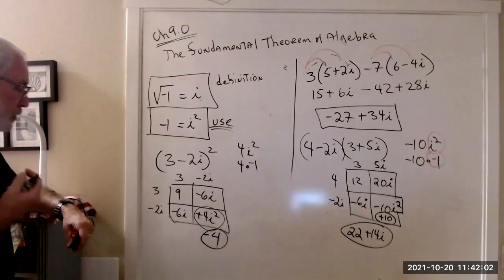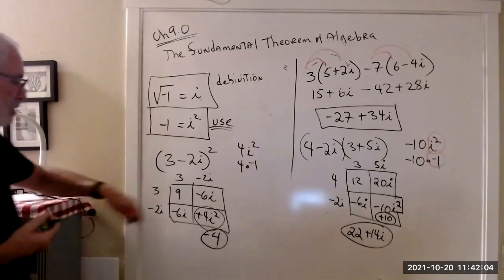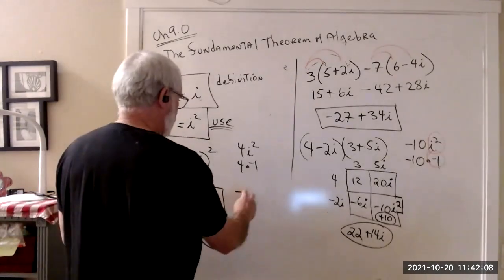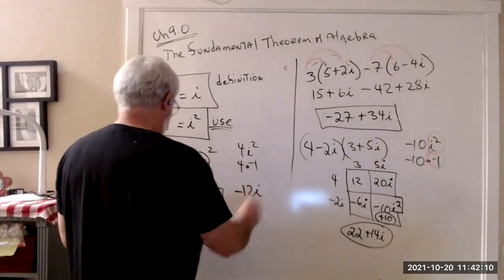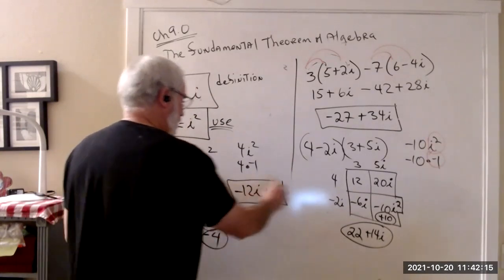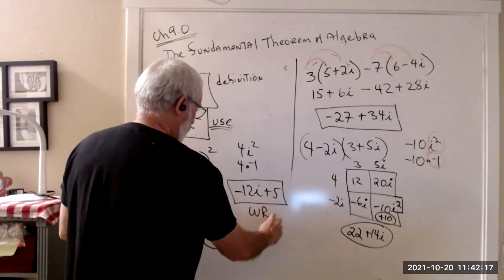So add like terms. -6i, -6i is -12i. 9 take away 4 is 5. And that is wrong.